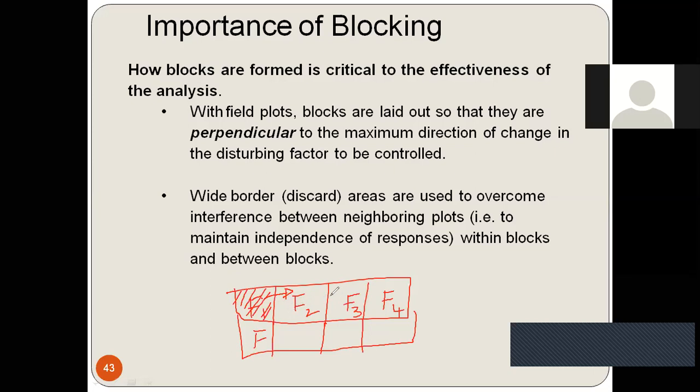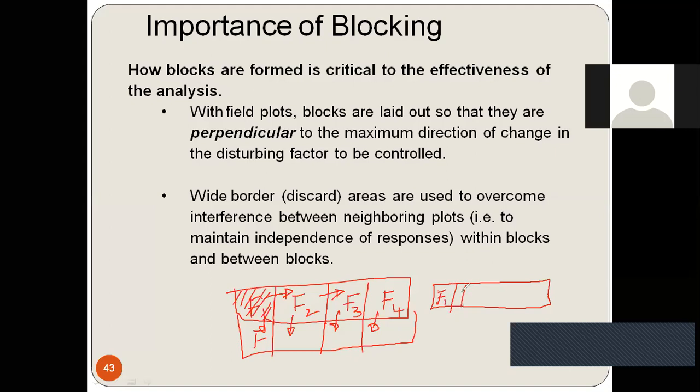So this danger is there. Similarly, the fertilizer can move to other blocks as well in this direction. So this is a big problem. So what we do is sometimes we may have to have larger plots, larger plot size. So here one plot, fertilizer.